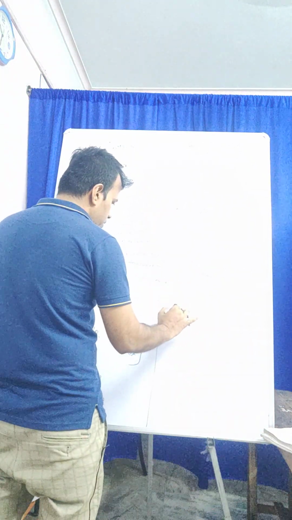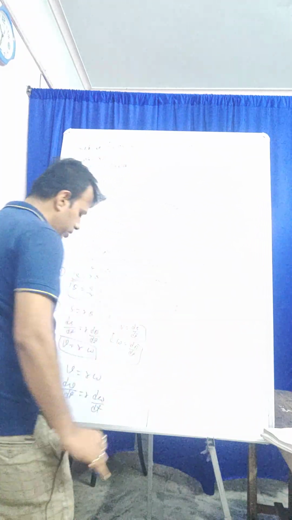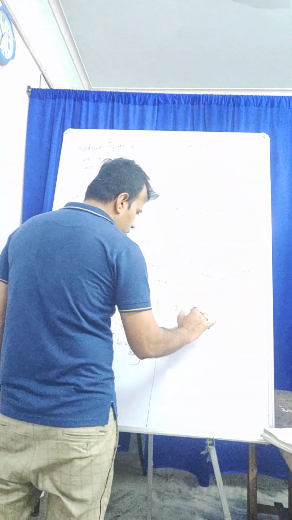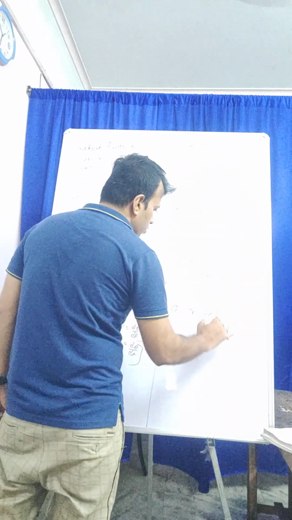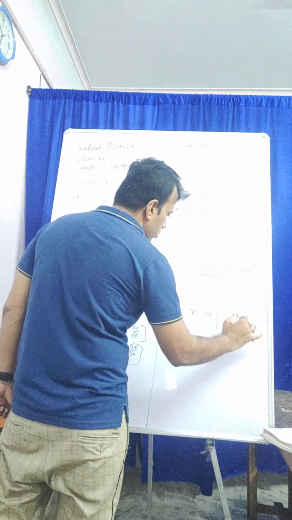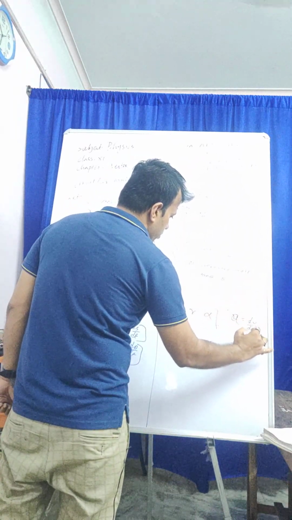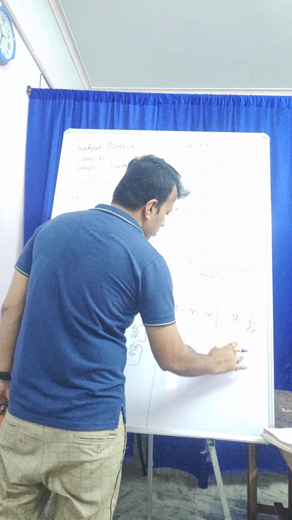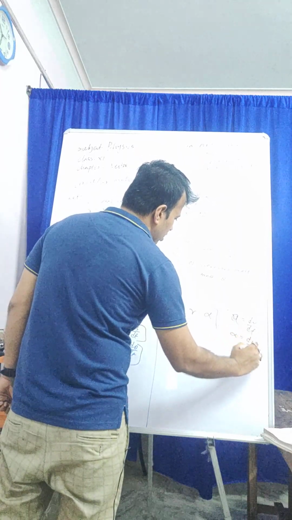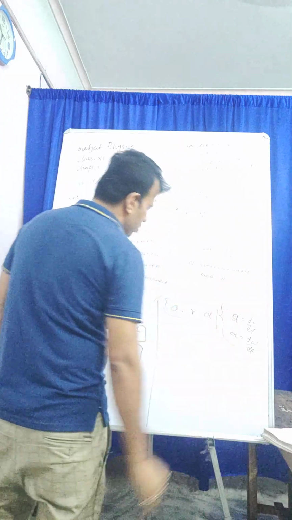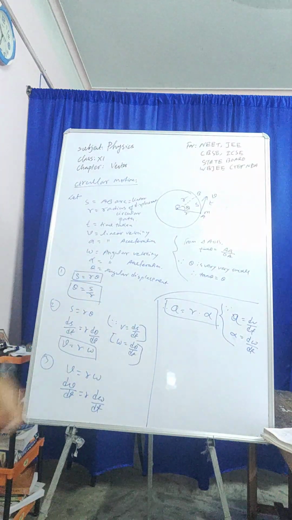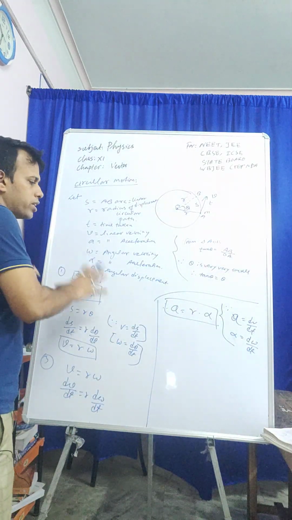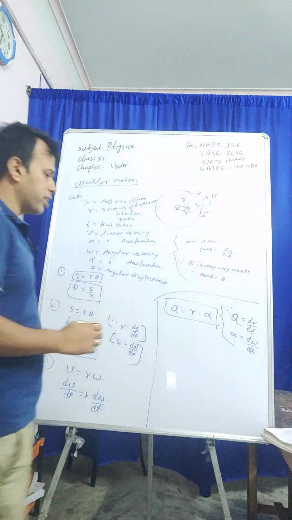Here dv by dt is linear acceleration and d omega by dt is angular acceleration. So a equal to dv by dt and alpha equal to d omega by dt, so a equal to r alpha. These are the three relations.